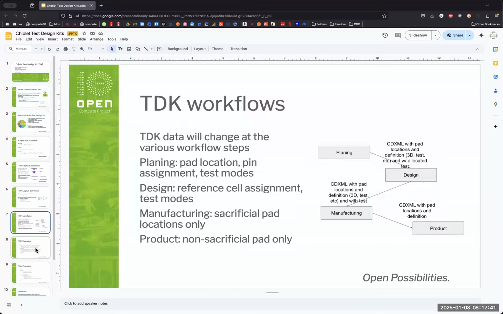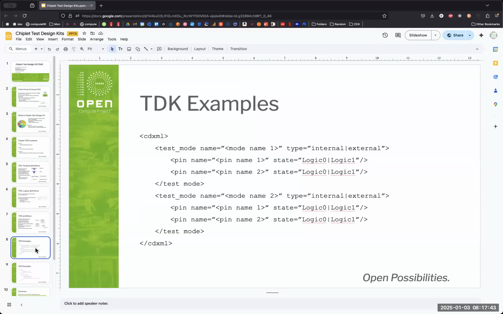A couple of examples that I wanted to show you. This is a quick definition of a test mode, what it would look like. The way it works is if the test mode is externally controlled by pins, it would say this is a test mode, it's external, and it would define which external pins, and in what state they need to be, to put the chiplet into that test mode.